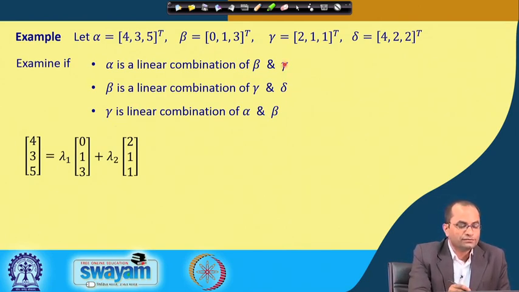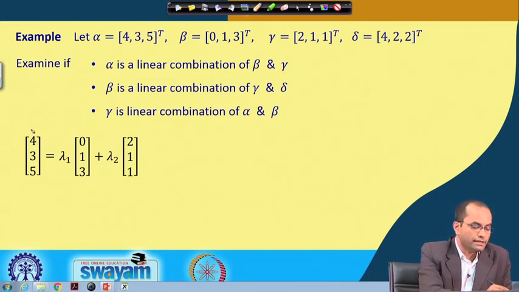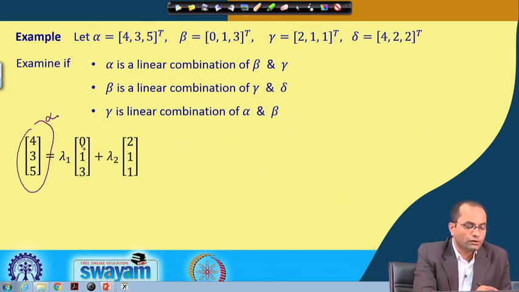To answer the first one, if this alpha is a linear combination of beta and gamma, what we want to show is that this alpha is a linear combination of the beta, this is beta, and then here we have gamma.